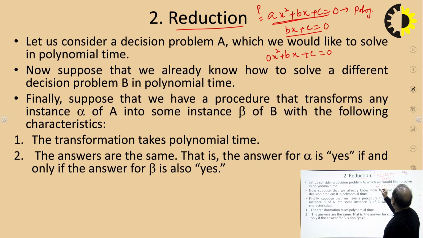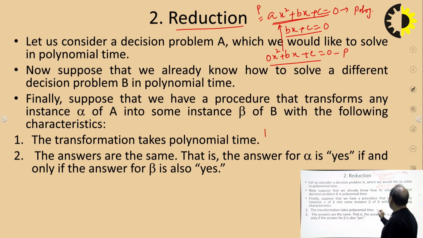And this conversion takes place in polynomial time. So it's very simple. That means this problem is being converted into that problem in polynomial time, and that one is already solvable in polynomial time, so the overall problem is going to be solvable in polynomial time. So this reduction is very, very important.